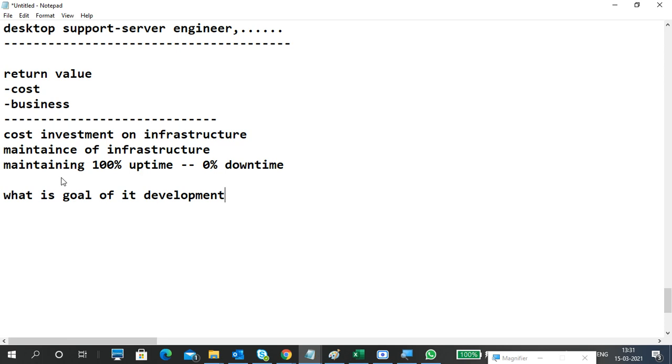One is infrastructure related, or providing infrastructure services, cloud services, or application services. So what is the goal of IT development and IT service organizations?